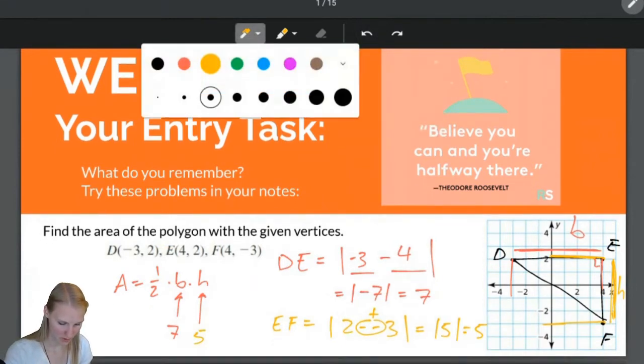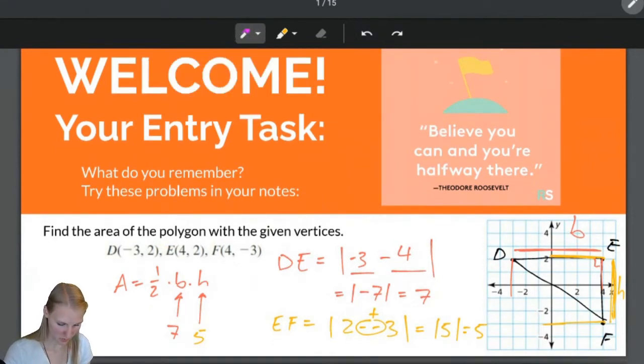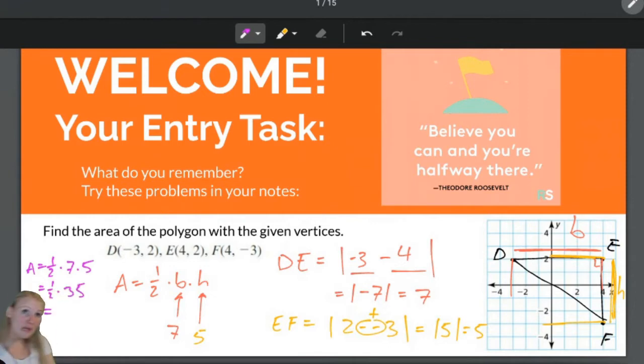So, new color. We're running out of space. Area is 1/2 times 7 times 5, which means that area is 1/2 of 35. I know what this is. Why am I putting it in my calculator?